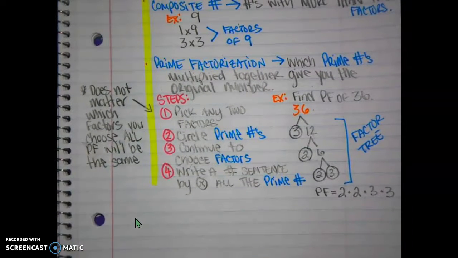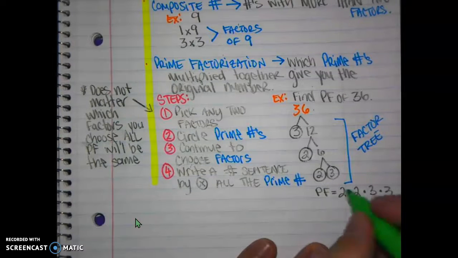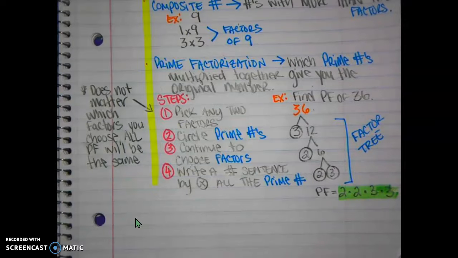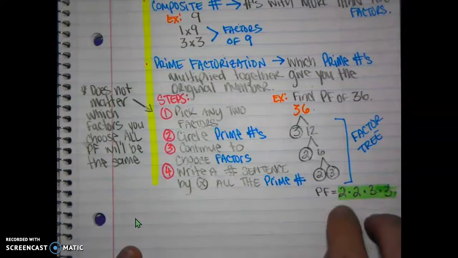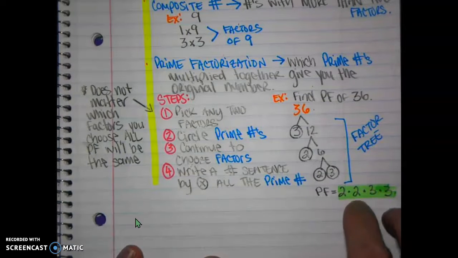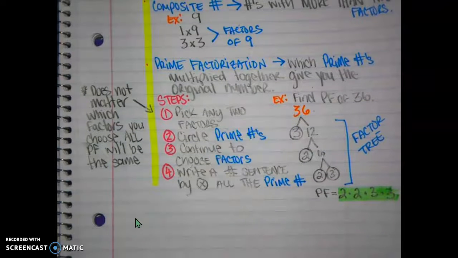Let's highlight it in green. If I multiply this together, it gives you 36. 2 times 2 is 4, 4 times 3 is 12, 12 times 3 is 36.